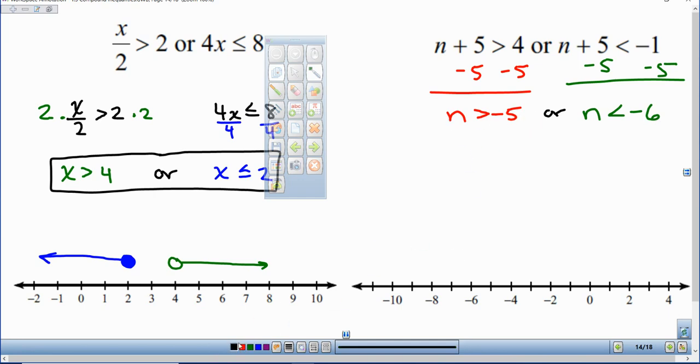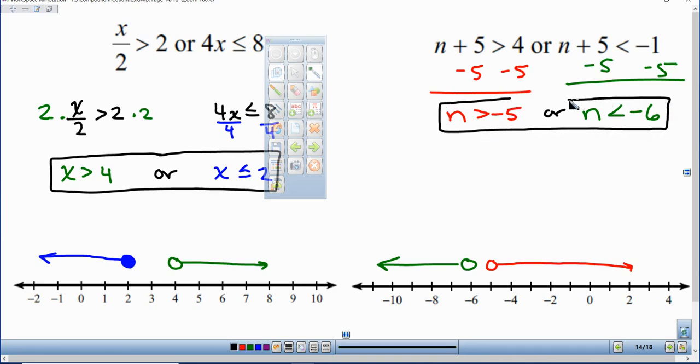So any number greater than negative 5, well, here's negative 5, any number greater than negative 5, or any number less than negative 6. So those are the numbers that would satisfy this compound inequality. Those are all of them described in mathematical notation right here, and then shown in this graph right here.